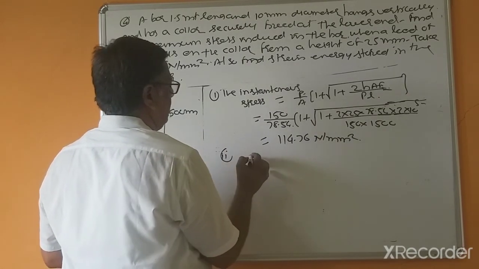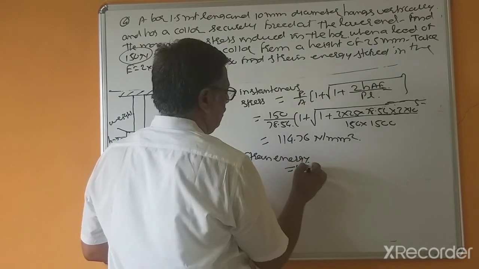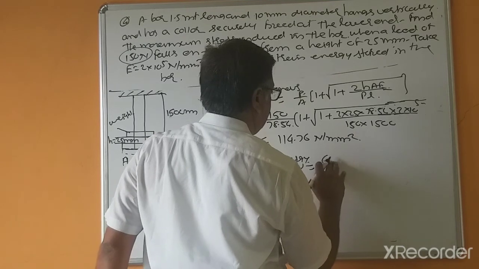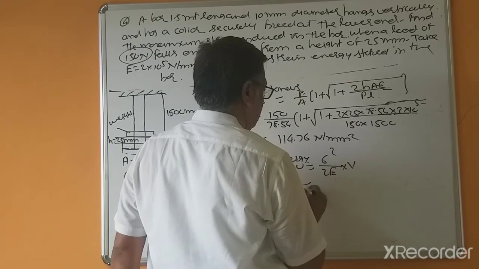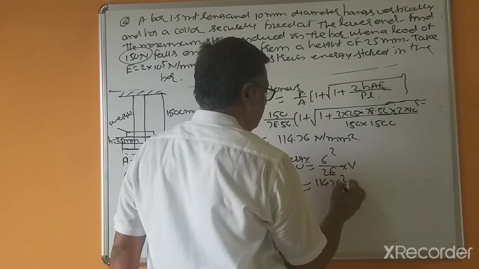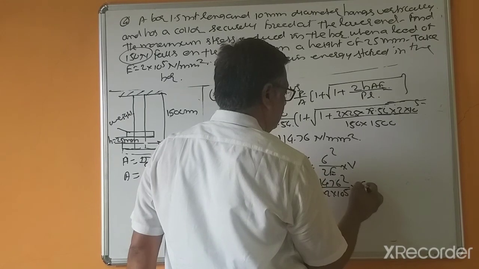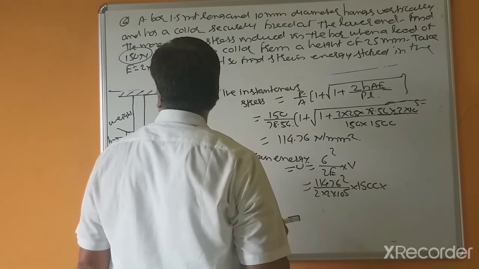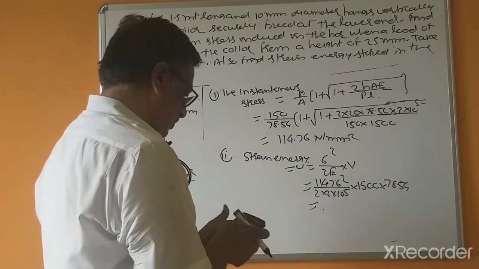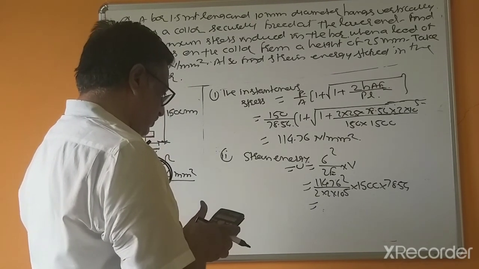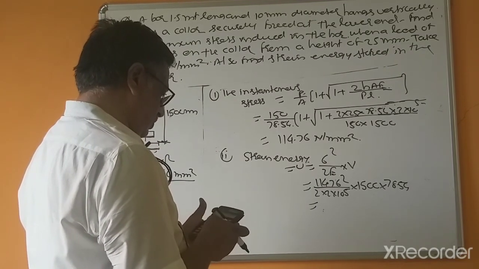Second bit, strain energy. U equal to sigma square divided by 2E into V. 114.76 squares, divided by 2 into 2 into 10 to the power 5, length multiplied by area 78.54 multiplied by 1500.